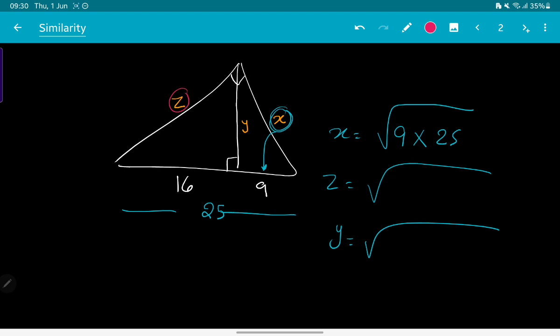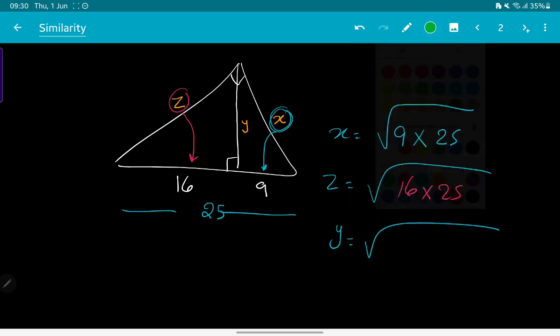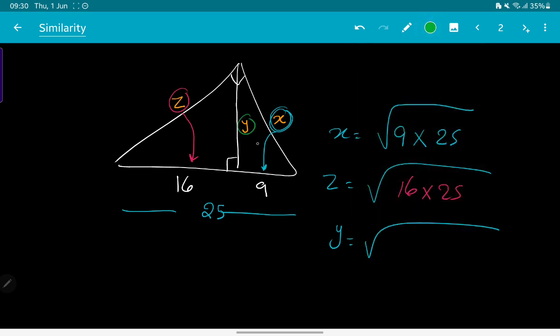To find z, take the nearest part of the base, which is 16, and multiply it by 25. Last one, to find y: y is dividing the base into two parts, 9 and 16, and we take 9 times 16 to find the answer. And this is everything about the Euclidean theorem.